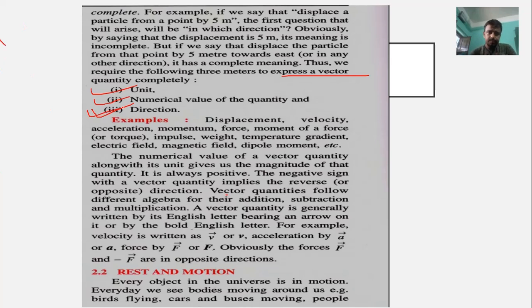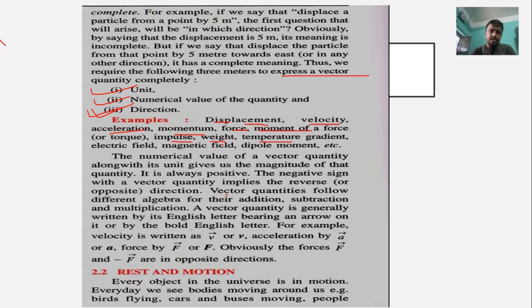What is displacement? Displacement is distance with direction. If I am traveling 60 meter towards east, that will be considered as displacement. If I am traveling with a speed of 600 kilometer per second in east direction, that will be considered as velocity. Similarly acceleration, momentum, force, moment of force or torque, impulse, weight.